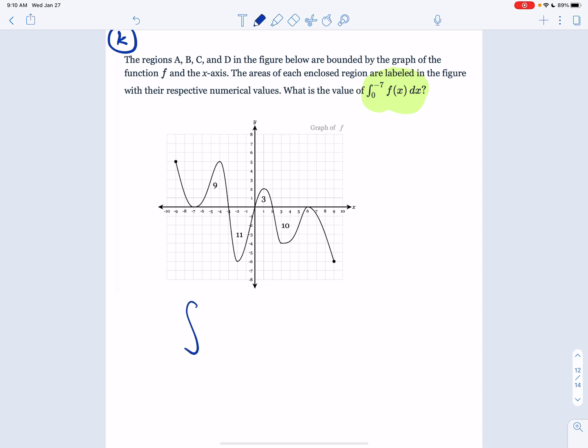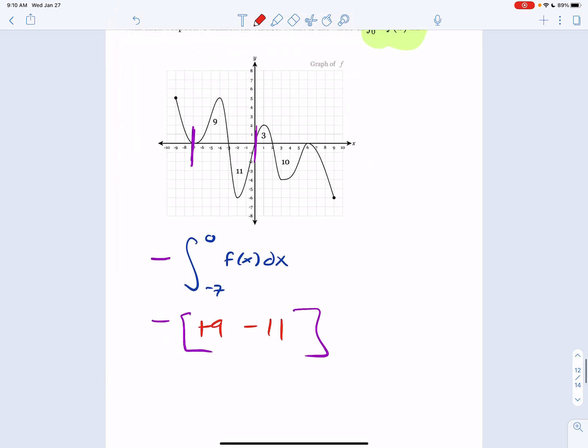We can easily reverse the bounds so that we're going in order from left to right. But as always, if we flip the bounds, we do have to account for that negative. So we're going from -7 all the way to 0. Easy peasy. That 9 would be positive. That 11 would be negative. And whatever that comes out to.